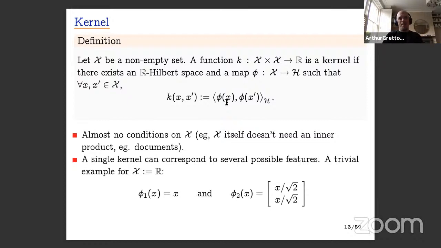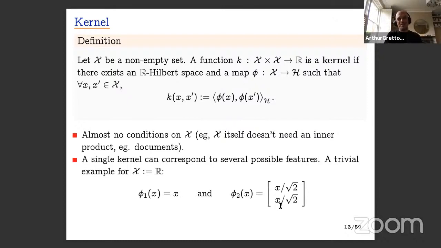Just as an additional formal point, you can rather trivially get more than one feature with the same dot product. I've given an example here where the feature of X is just X and X is a scalar. I will get the same dot product if I make this a two-dimensional vector and take the dot product. So this is just to warn you that even though the kernel is unique, the features that define it might not be.